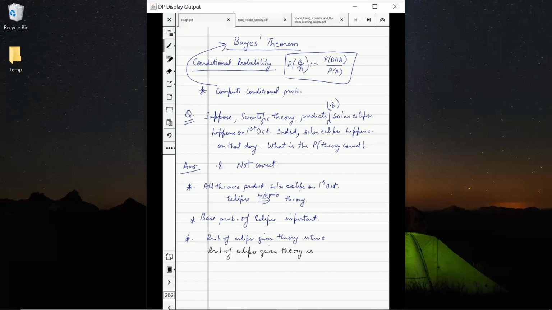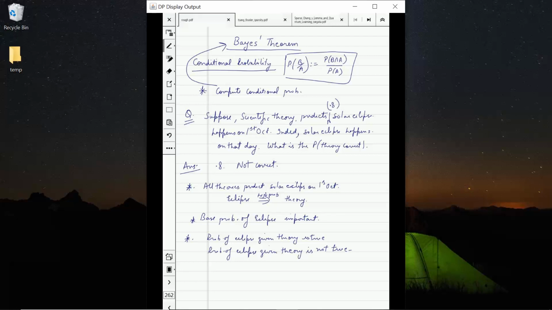These two should be pretty important. In other words, if the theory was not true, what would have been your probability? If this was given, then we should be able to estimate this probability. So the 0.8 guess definitely is not correct. It should depend on many other factors.